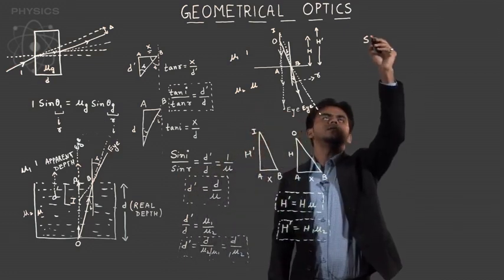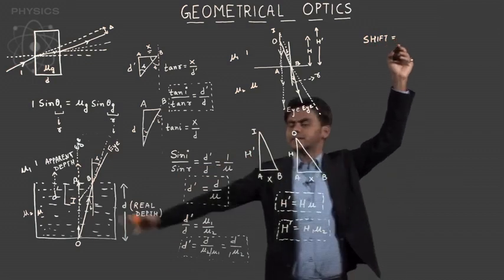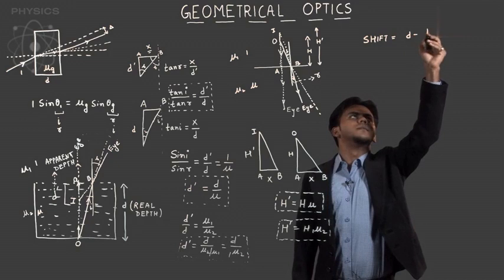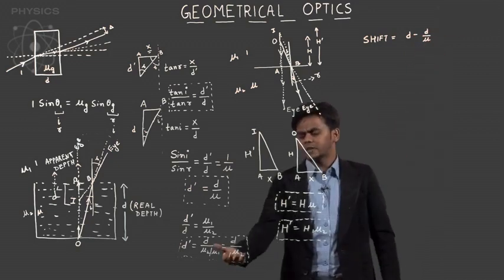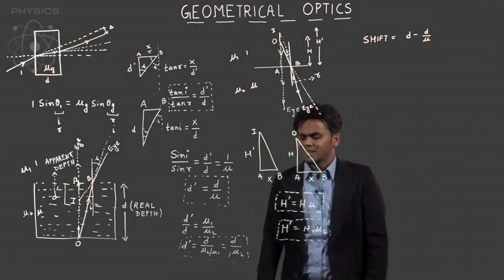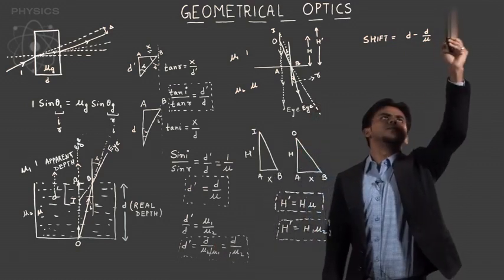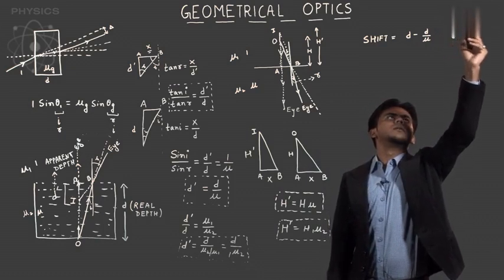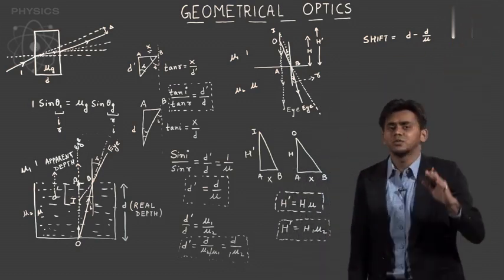Shift in this depth case is equal to D minus D by mu. I'm taking the simpler case, I'm not taking the relative refractive index formula because that would be needlessly complicating the situation. This would give you D times 1 minus 1 by mu. And this is the formula for shift for every situation.